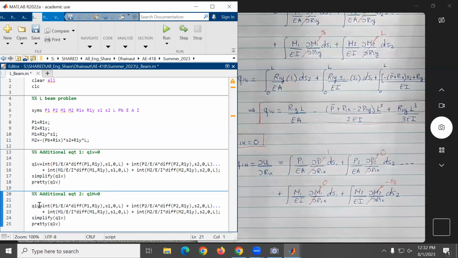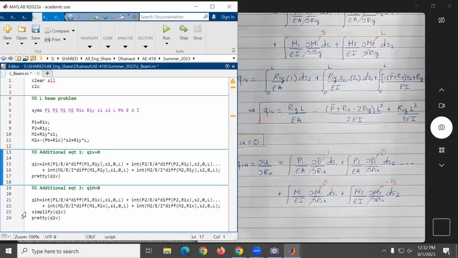So let's call this one Q1H. So what do I need to change? Only this one here becomes X, no? On the partial. So let me make sure that I don't make any mistake. X and X. Okay, so maybe we don't need to simplify, and maybe delete it. All right, and let's say this would be Q1H.